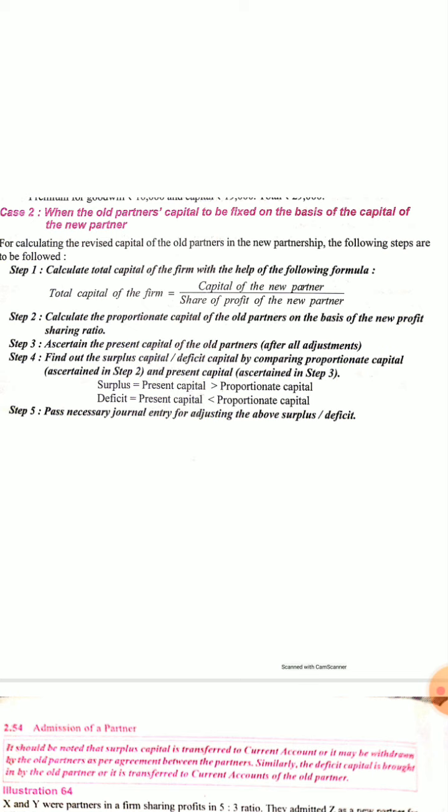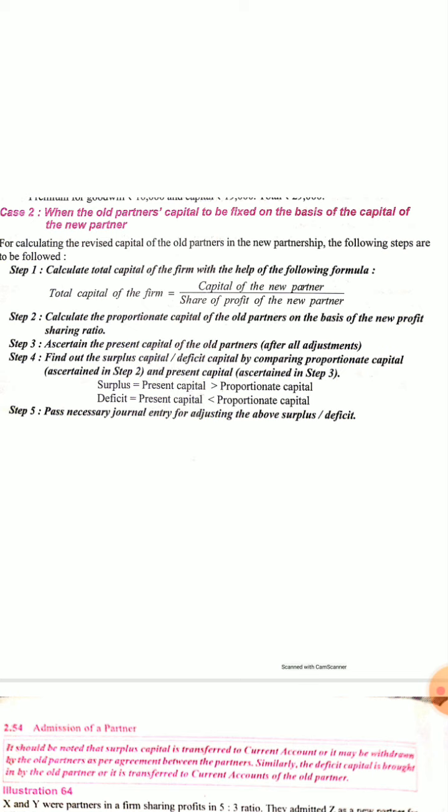So after adjustment, the present capital will be defined, and if there is a surplus, means if the thus calculated capital exceeds the old capital, then the partner will introduce new capital, and if the present capital is greater than the proportionate capital, they will withdraw some capital.